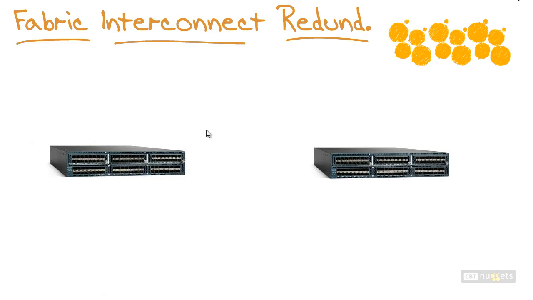Now, in order for there to be this redundancy between our Fabric Interconnects, there needs to be an interconnect network. And that is accomplished, as I'm sure you know, by 1 gigabit per second links that we set up between our Fabric Interconnects.